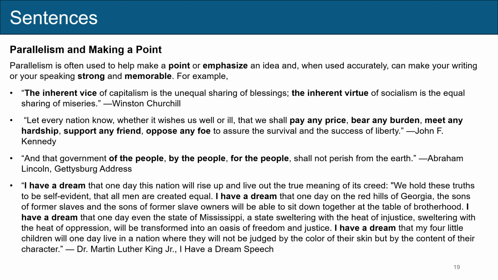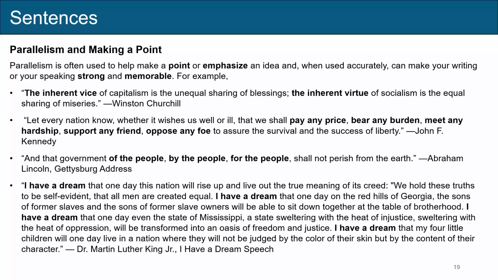John F. Kennedy, when he was speaking in the 60s, said: let every nation know, whether it wishes us well or ill, that we shall pay any price, bear any burden, meet any hardship, support any friend, oppose any foe. Oh, sorry, should be support any friend.